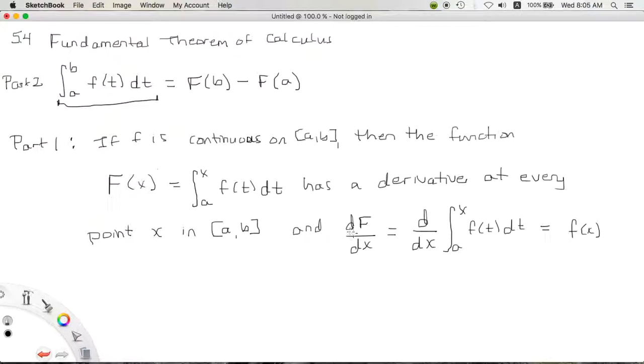So the derivative of the antiderivative is just the original function. That's all it's saying. So when you see this notation here, then you don't actually have to integrate it and then take the derivative. You just can go straight to here.